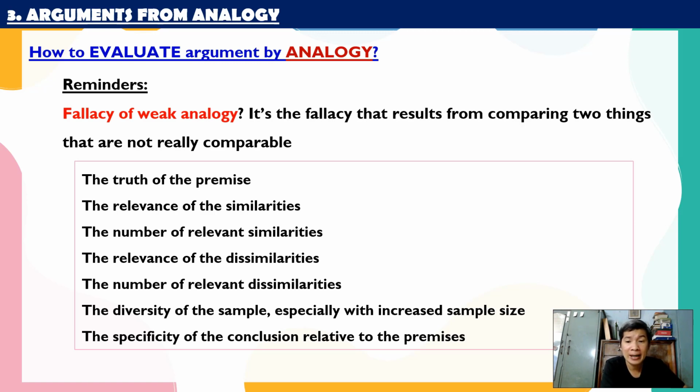We just compare IU and that institution. We list the similarities, the context, the students, and things. And if we have many similarities, it means there is also a high possibility that when we apply that policy, there's a chance to be successful.